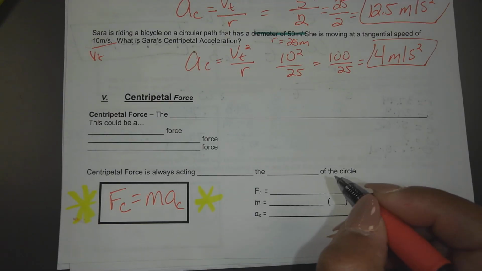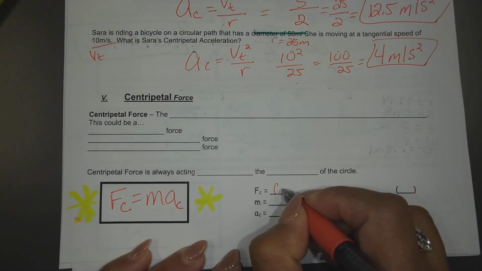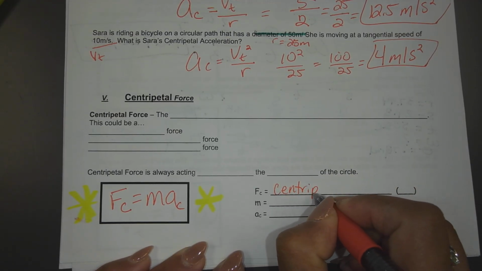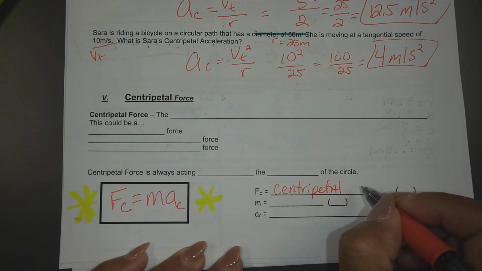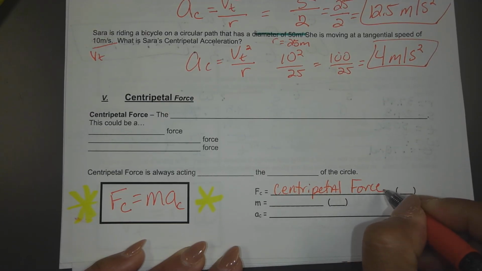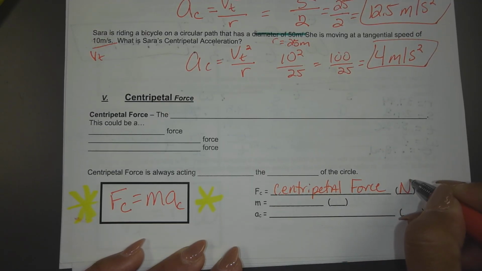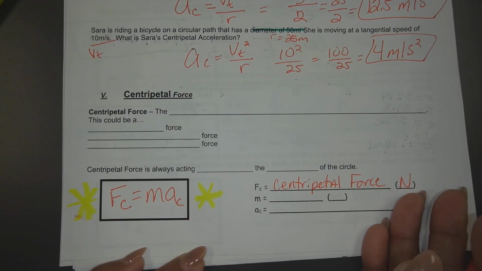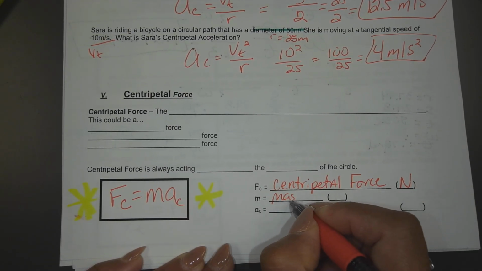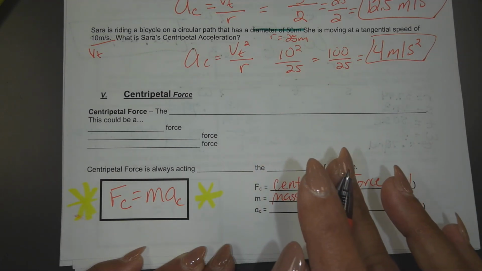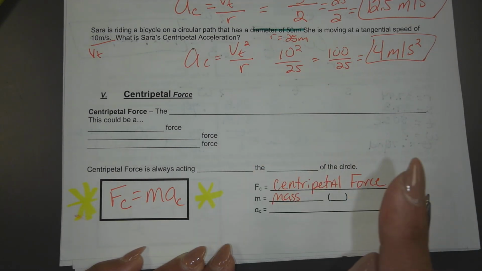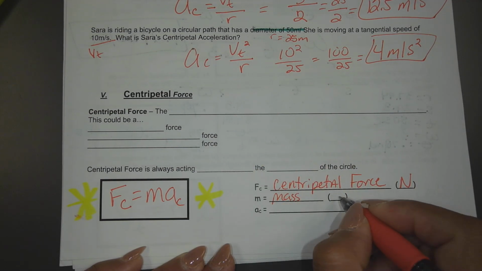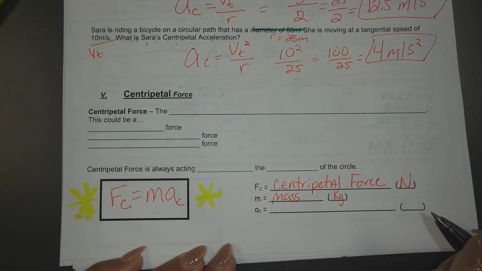The F_C is centripetal force, and we know that force has a unit of a Newton. Same thing here, even though you're moving in a circle. M stands for mass, and we cannot use grams, we cannot use pounds, it must be kilograms.